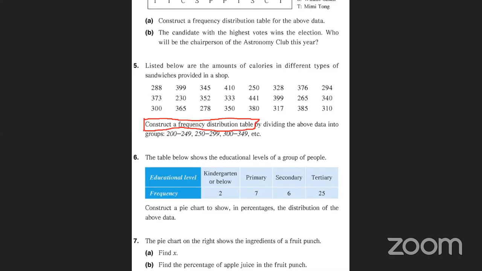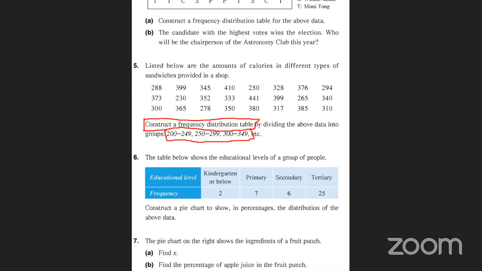These are the key points for these questions. Construct a frequency distribution table. It means, first of all, you should know the meaning of frequency distribution table. What is it? And then by dividing the above data into groups, and then you need to put them in groups like that.